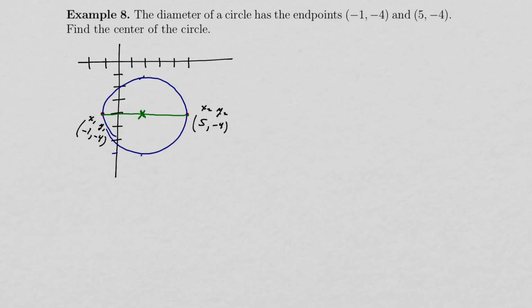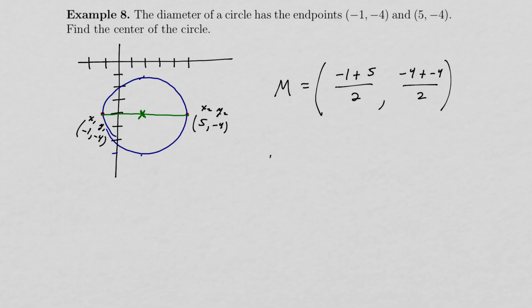So let's plug in. The midpoint is going to be x1 plus x2 divided by 2, the average of the x values, and then the average of the y values, -4 plus -4 divided by 2. So what's -1 plus 5?